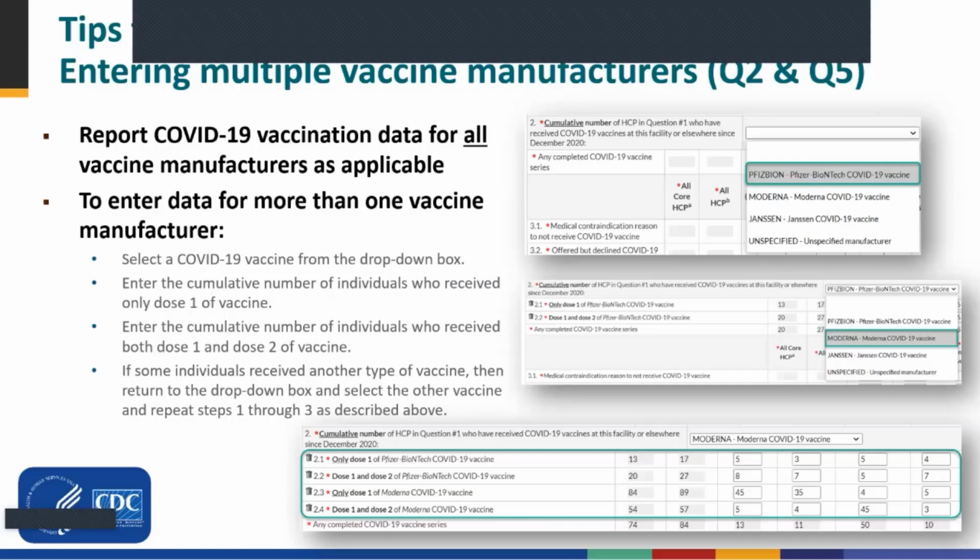For step 2, you would need to enter the cumulative number of individuals who received only dose 1 of the vaccine. Next, enter the cumulative number of individuals who received both dose 1 and 2 of the vaccine. If some individuals received another type of vaccine, then return to the drop-down box and select another vaccine and repeat steps 1 to 3 as described.